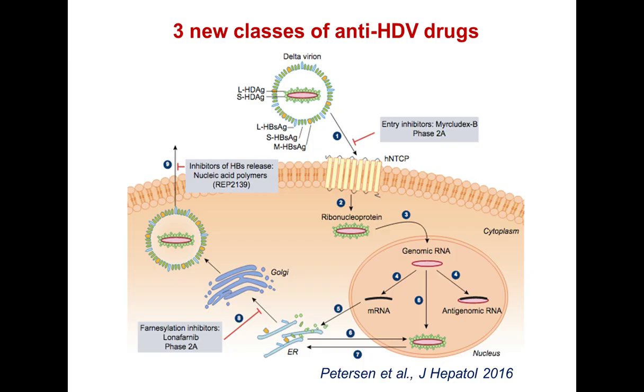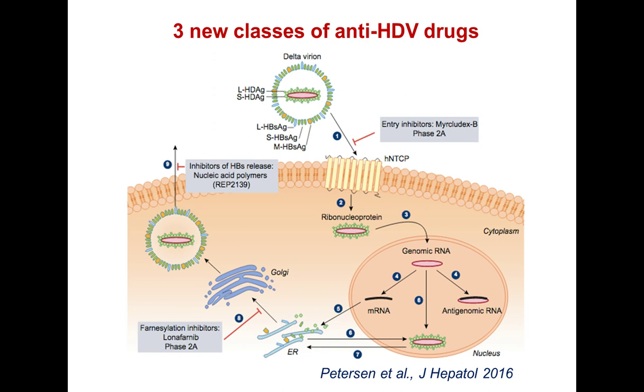In particular, so far, 3 new drug classes appear to be promising. In particular, we have entry inhibitors. Entry inhibitors bind surface glycoproteins that are expressed on the surface of HDV particles, thus interfering with the entry of the virus inside the hepatocytes.